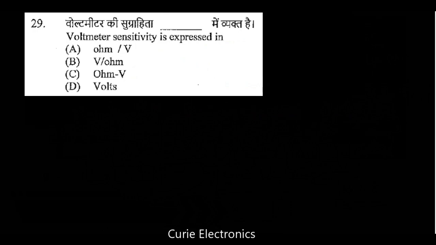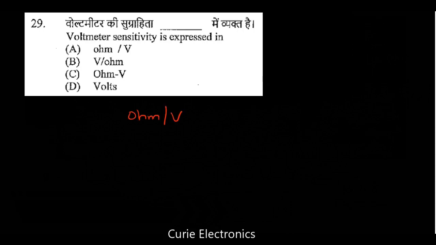Question number 29. A voltmeter sensitivity is expressed in ohm per volt or volt per ohm. That is ohm per volt.